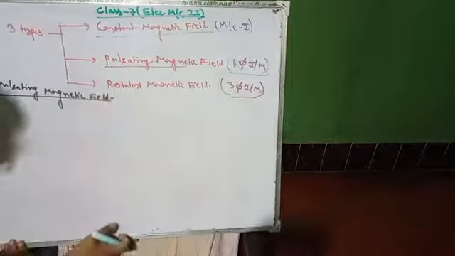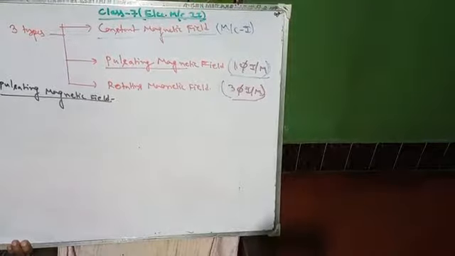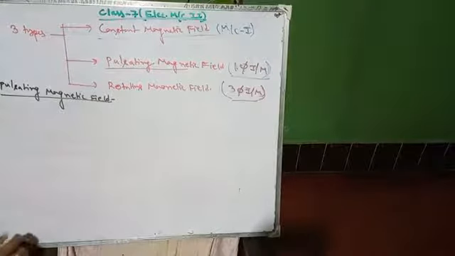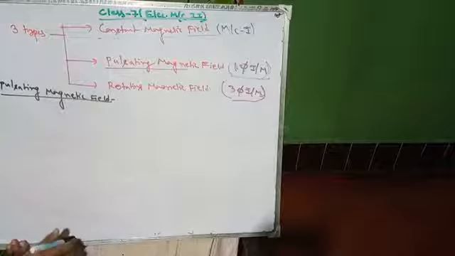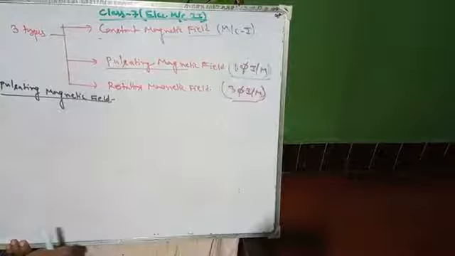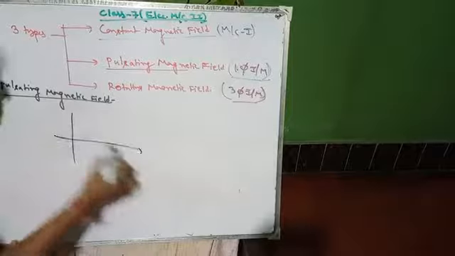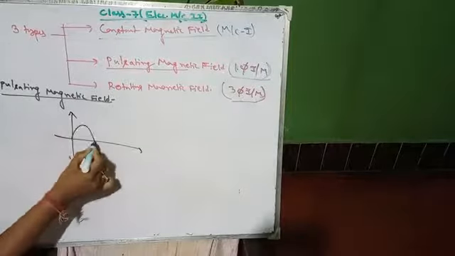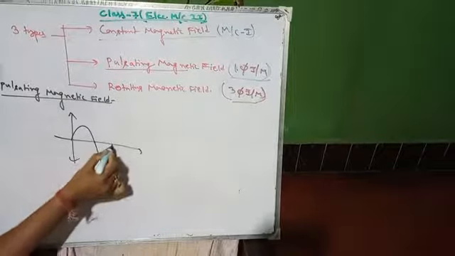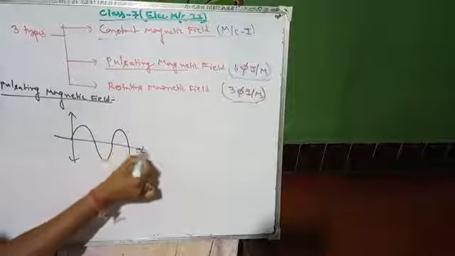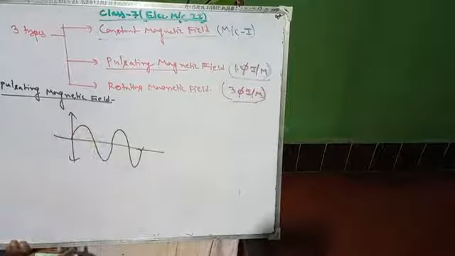Pulsating magnetic field is nothing but when the field is generated, it is pulsating in nature. Once it is positive, and next it will be negative. Again it is positive, again it will be negative. So this is called pulsating in nature.